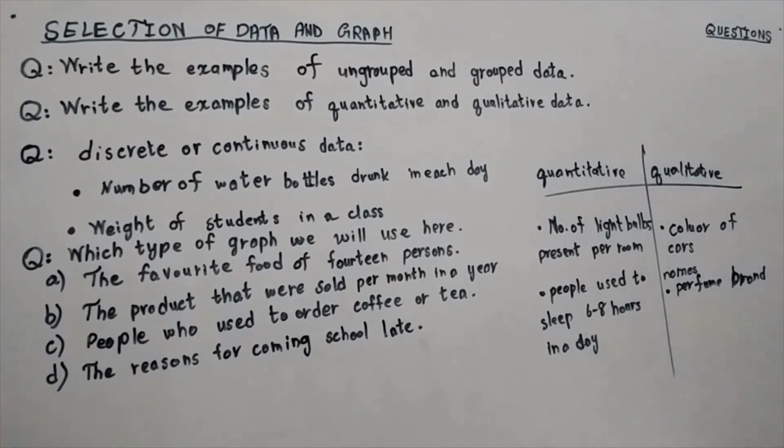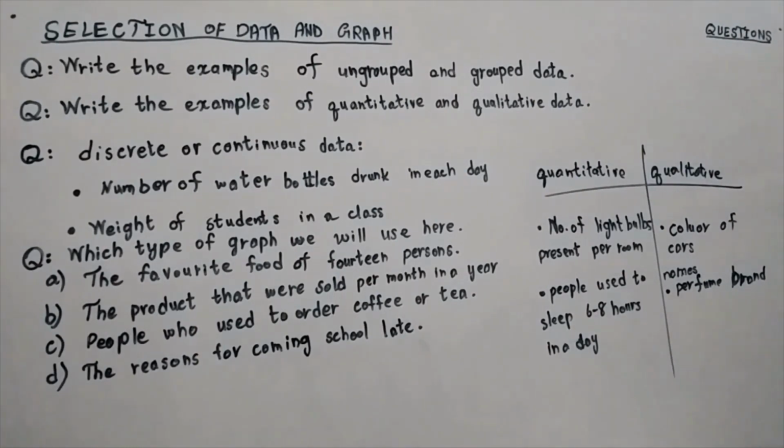Clear? So here we will not get a category like this number, this number, or this number. Here we will get a name, a quality. Let's say Mir is a brand. So we can say that here it is qualitative data.